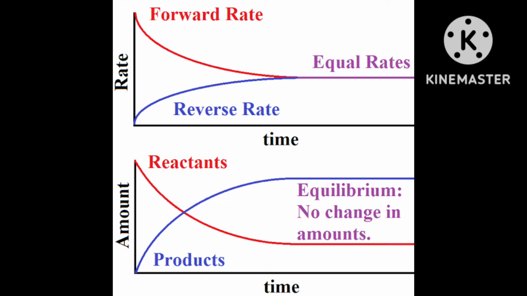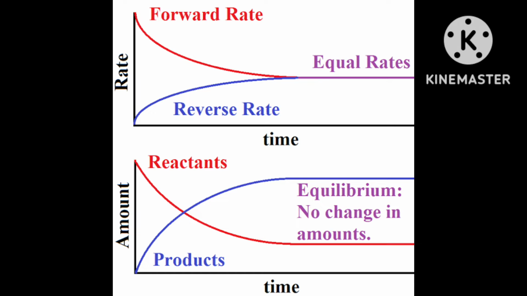Now think about the product. In the beginning, the product was 0. As soon as A plus B react and give product, it will begin to form. With time, the concentration of product will increase slowly. In the graph you will find it going up. This is also a curve, but in the upward direction.